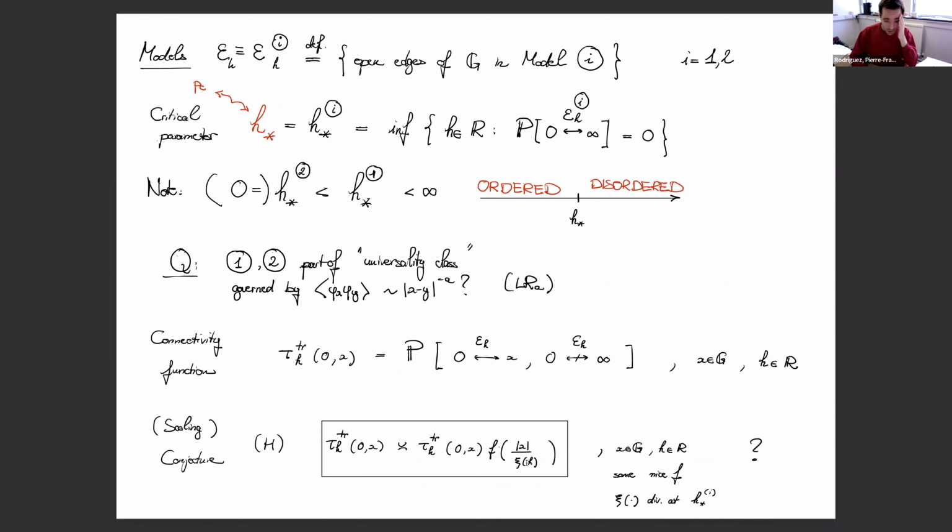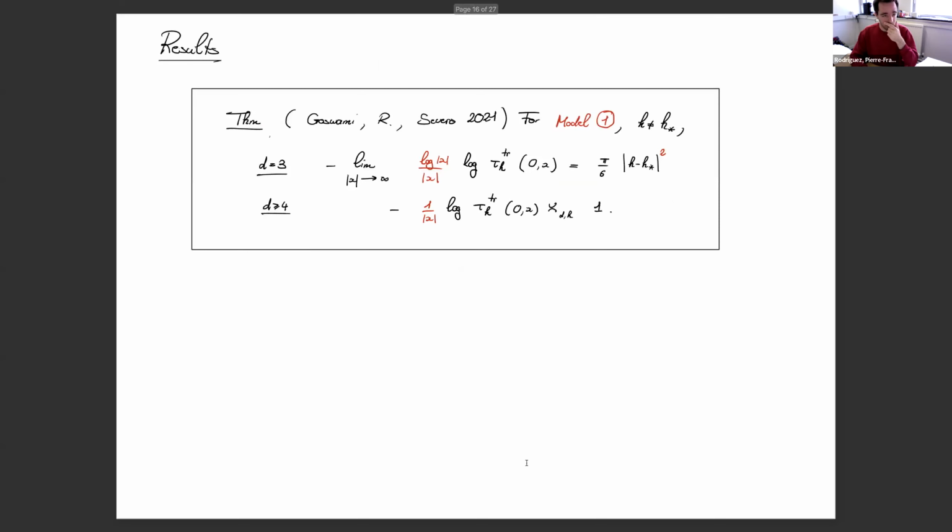Okay, so now I'm going to give you some results, first for model 1 and then for model 2. So here is a result about model 1. This is joint work with Shubhajit and also Franco Severo. So the result is the following. If you look at this truncated two-point observable in model 1, so these were just the excursion sets of the discrete free field, then as x recedes to infinity, we can determine very precisely the leading asymptotics.